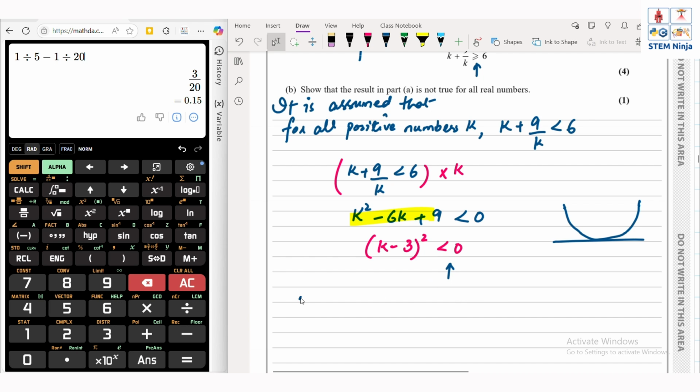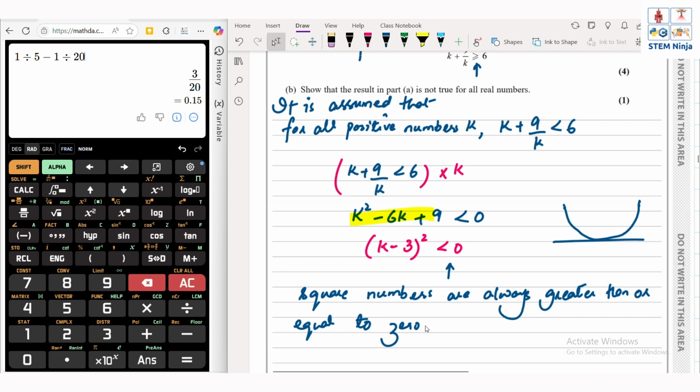So square numbers are always greater than or equal to 0. Hence, the assumption is false.